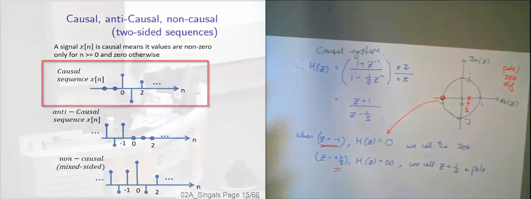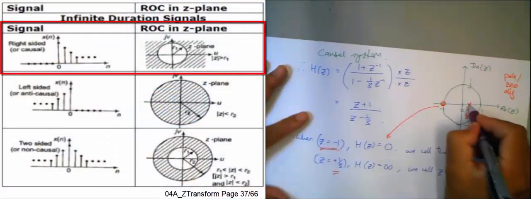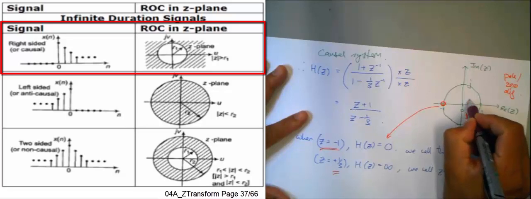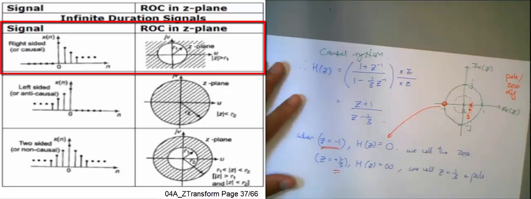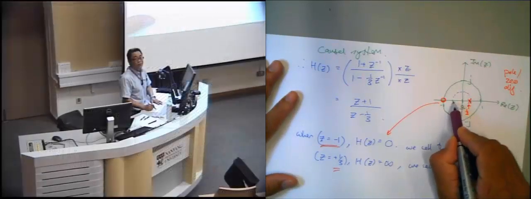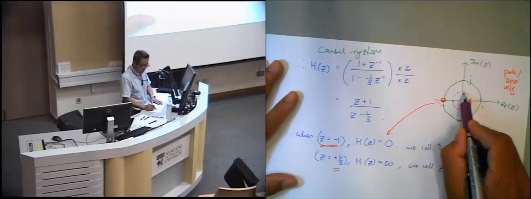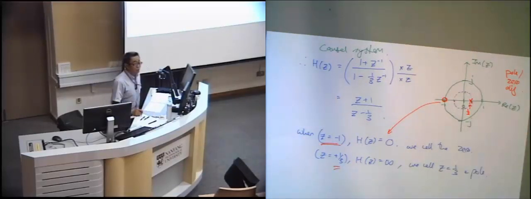Now, if it is a causal system, you draw a circle around the furthest pole. There's only one pole, so it's very easy to draw. This is at 1/3. If this is 1/3, what is this point? Minus 1/3. This is j 1/3, and minus j 1/3. So this is a circle of radius 1/3.